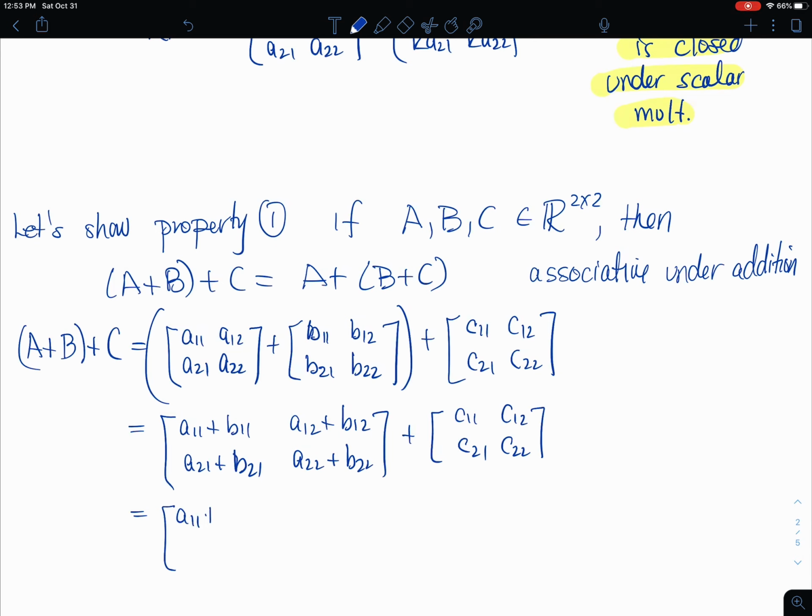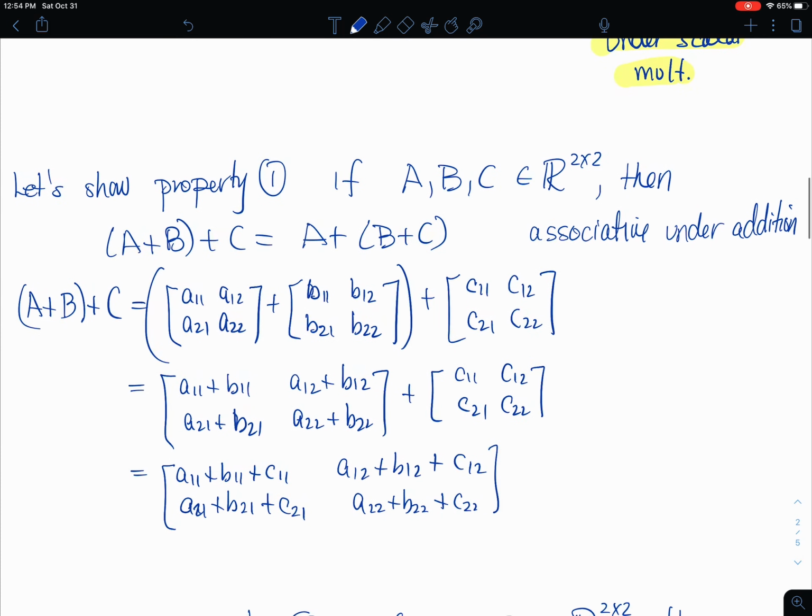So we get A11 plus B11 plus C11, and then A12 plus B12. What you're going to notice here is, again, the underlying operation is that R itself has the associative property for addition. And then finally, A22 plus B22 plus C22.